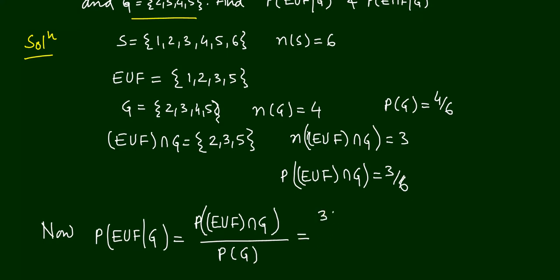And this is 3 by 6, and this is 4 by 6. So you will get 3 by 4 as the required probability, means probability of E union F when G is already happened.